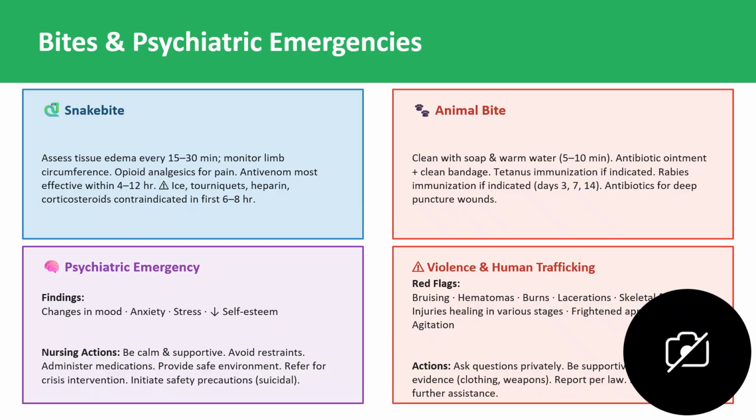Always look for bruises, burns, or lacerations, even if minor, fractures healing in various stages in various parts of the body, and a frightened or agitated appearance. Always ask questions in private, preserve evidence, be supportive, always implement therapeutic communication with the patient, and report to the facility as per facility protocol.